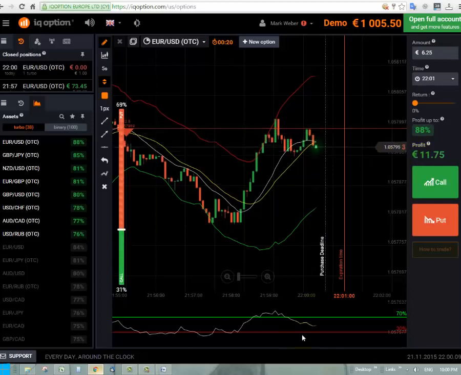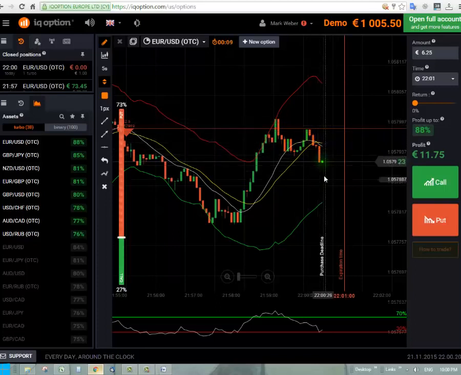You can check also the RSI. The RSI tells us that there is a downtrend, so we will win this position. Yes, that goes down.